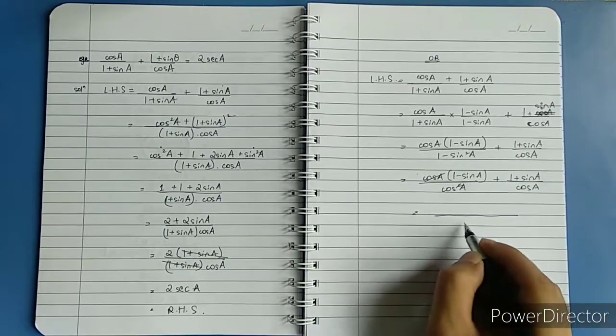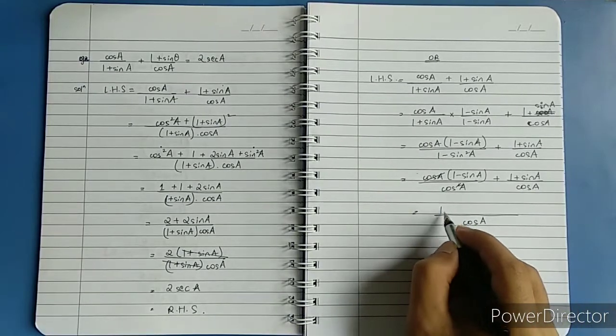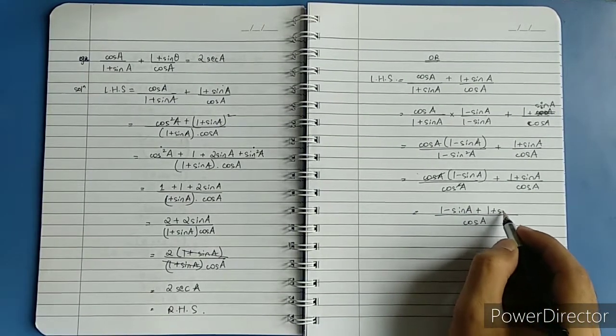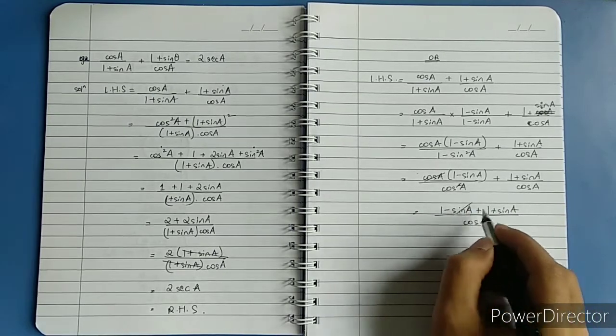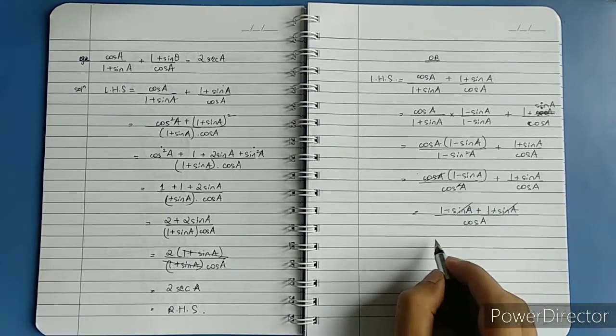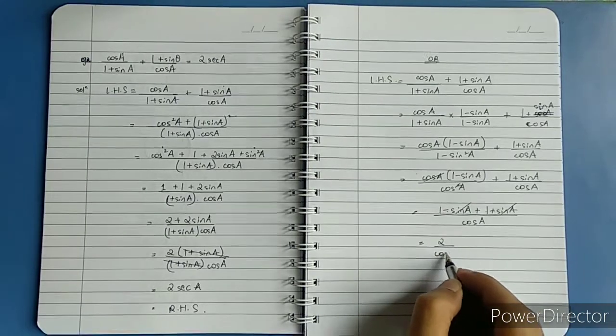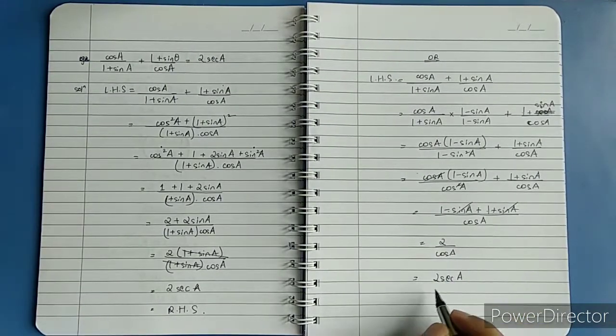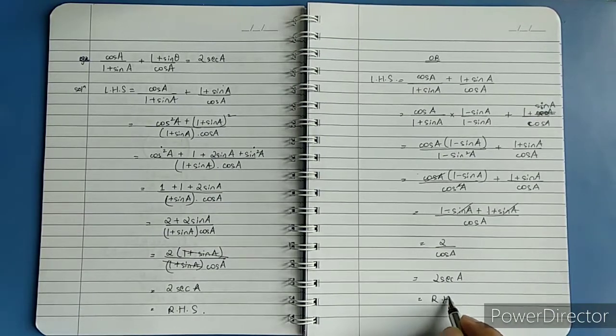The LCM is cos A itself. So in the numerator we have 1 minus sin A plus 1 plus sin A. Minus sin A plus sin A cancels off, 1 plus 1, 2 by cos A, which is equals to 2 sec A that is equals to the right hand side.